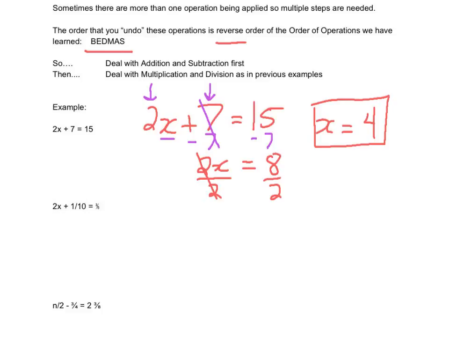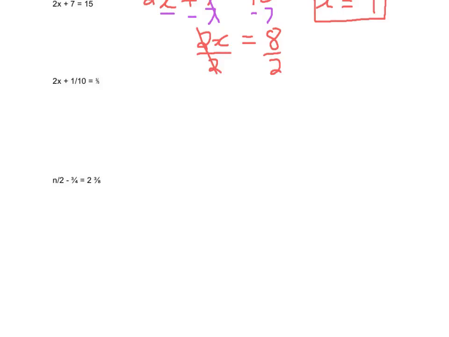Let's try one that's a little more complicated, simply because we're going to deal with fractions. We have another one here: 2x plus 1 out of 10 is equal to 3 out of 5. Same thing, we look at what's happening to the x.